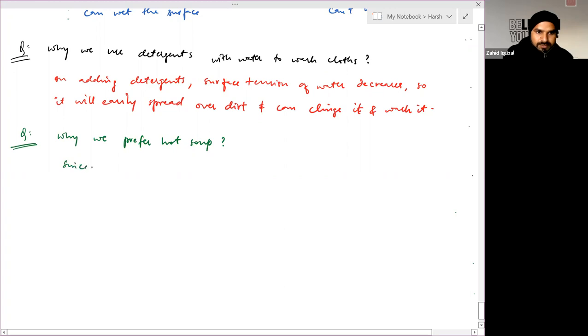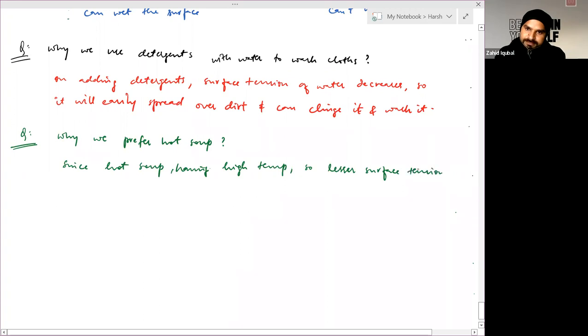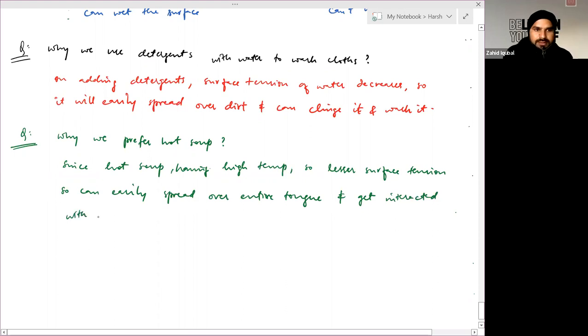So since hot soup has high temperature, it has lesser surface tension, so it can easily spread over the entire tongue and interact with different taste buds.